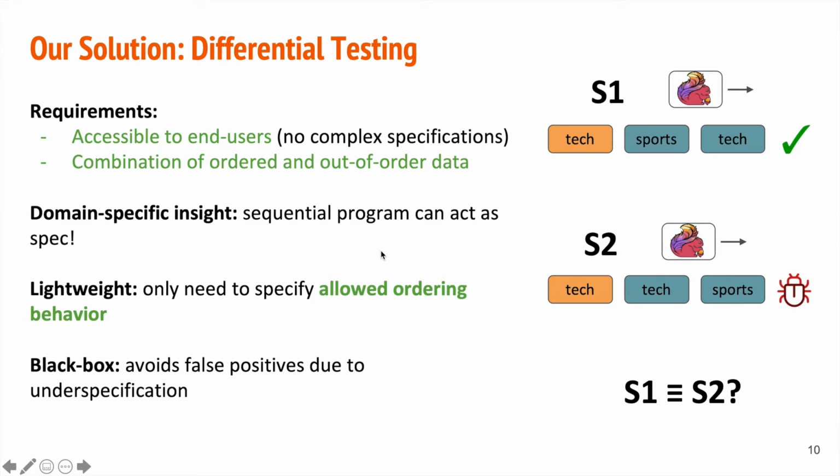And so that gets us most of the way to having a spec for free. The only thing that's left is to specify what is the allowed ordering behavior. How can the parallel version differ in order from the sequential one? This is a very lightweight kind of specification that we'll go over briefly. An additional benefit of differential testing here is that we avoid false positives due to underspecification. This is because of differential testing as an approach in general.